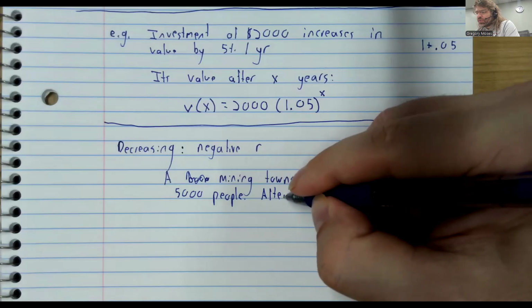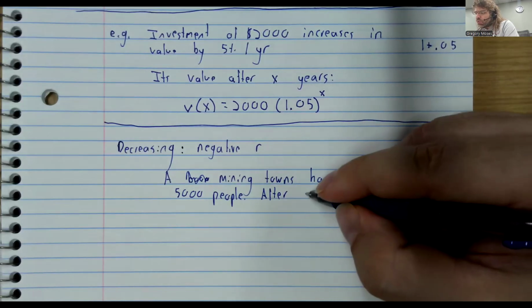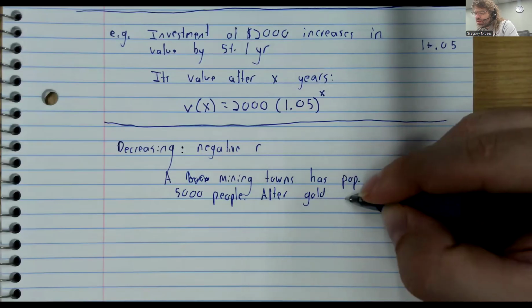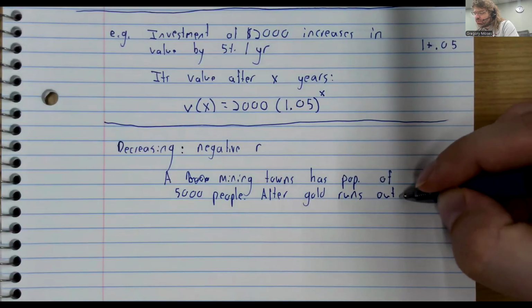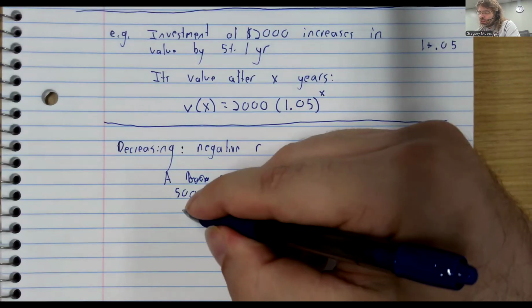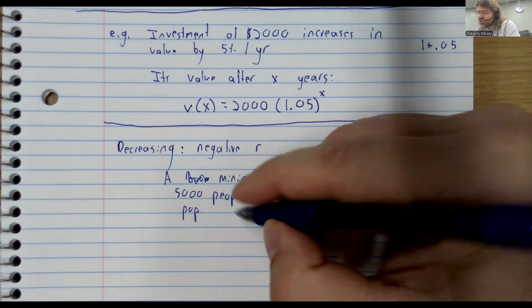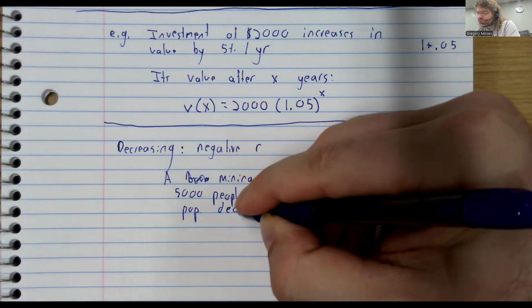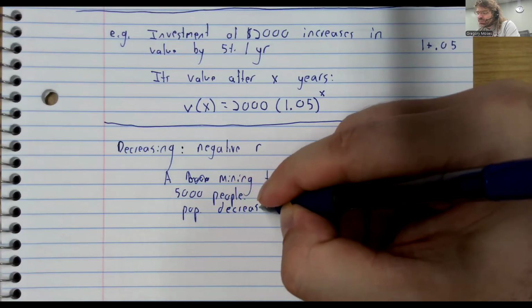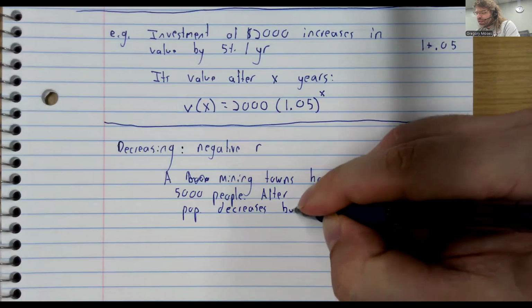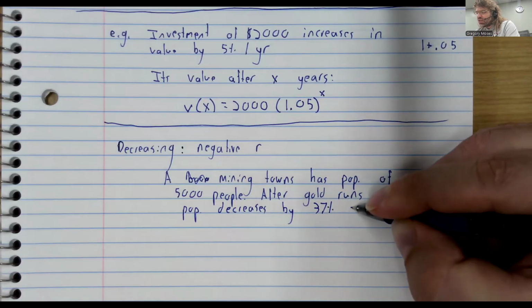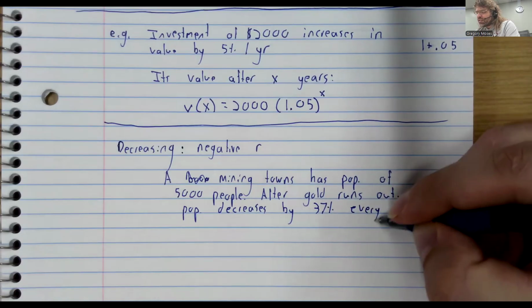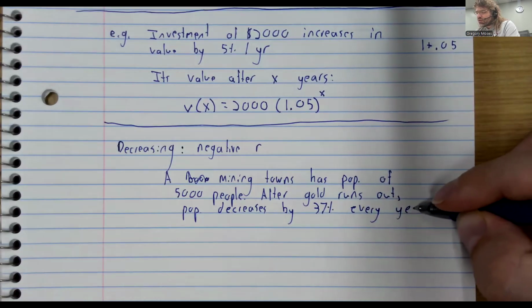After the gold runs out, the population decreases by 37% every year.